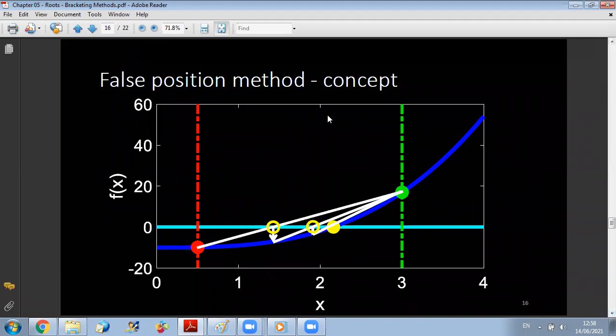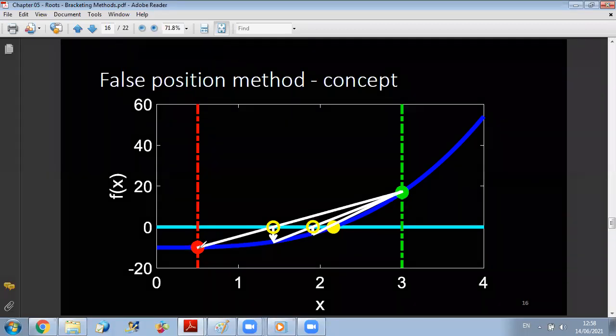How? The idea here is also to start with an initial bracket. The only condition is that f of the lower end times f of the upper end must be opposite in sign. This is the case here because f lower is negative while f upper is positive. So this is my initial interval. Now, how to decide on a new interval?